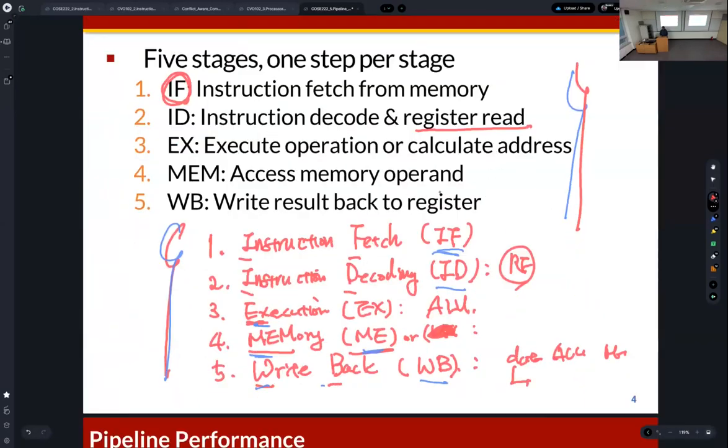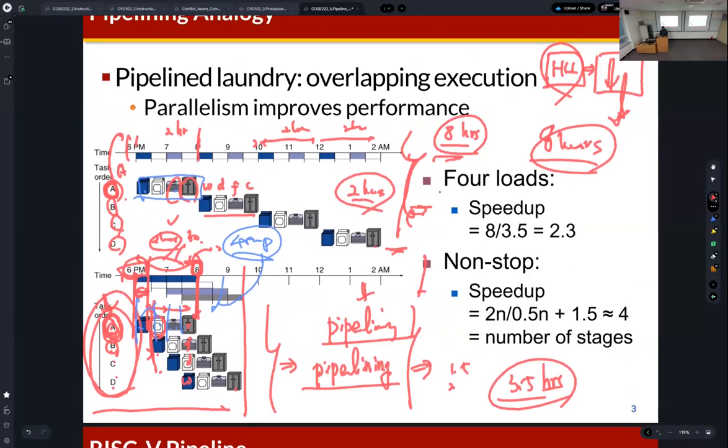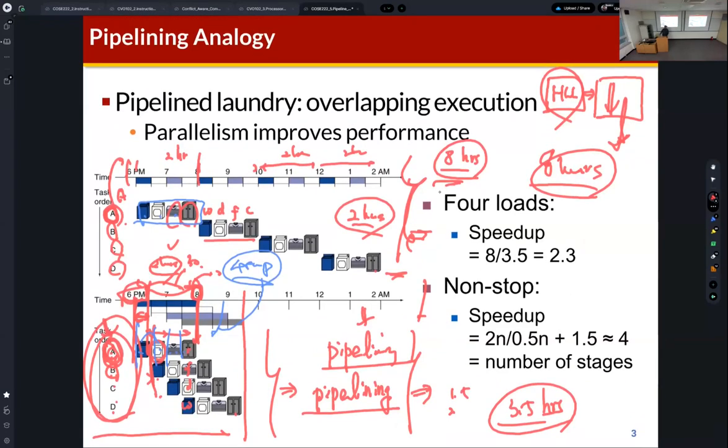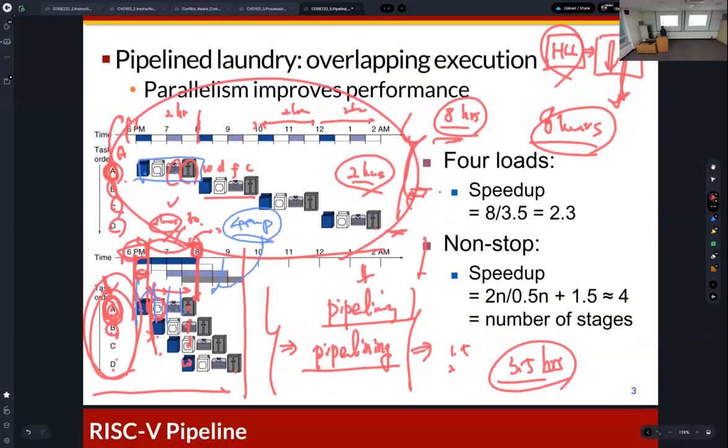So what is pipelining? In the posted lecture video, I showed this analogy. This is similar to the single cycle processor: all required tasks need to be performed within one clock period.